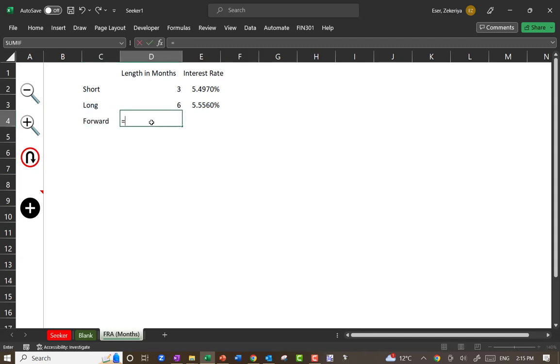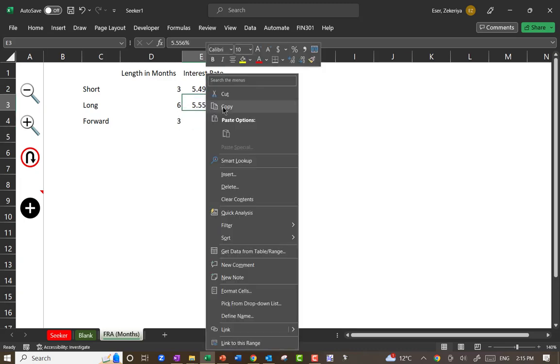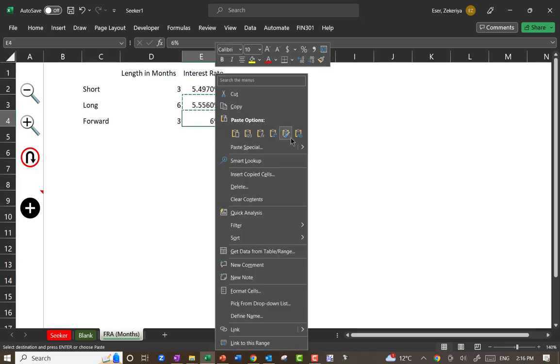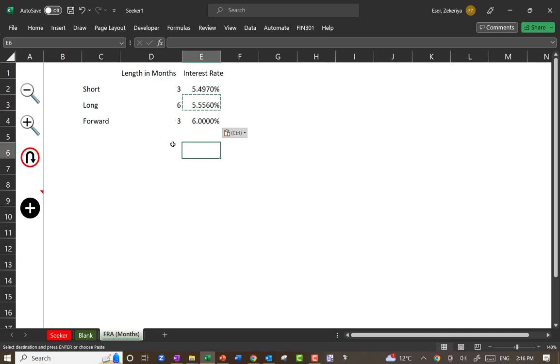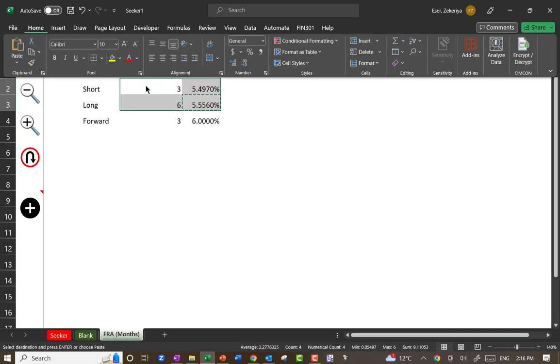And the length on the forward is long minus short. And forward rate, I'm going to arbitrarily put a number there. These are all my inputs.